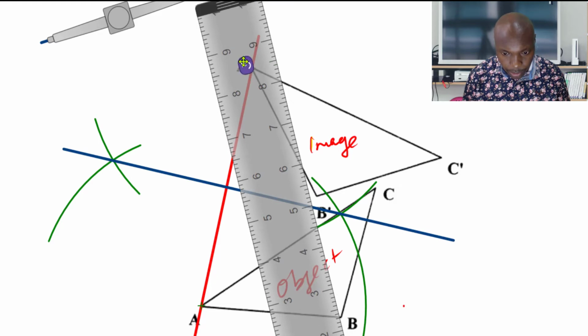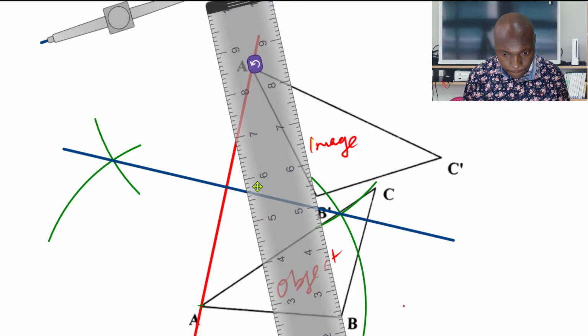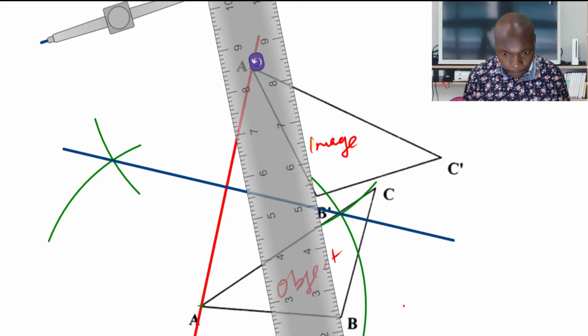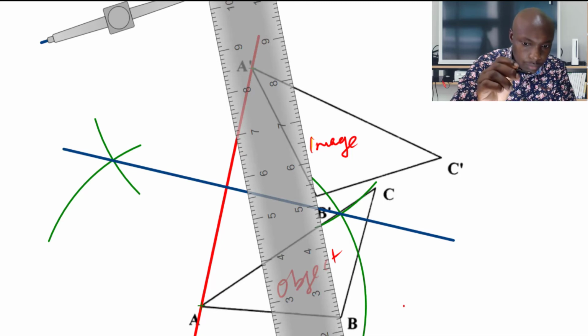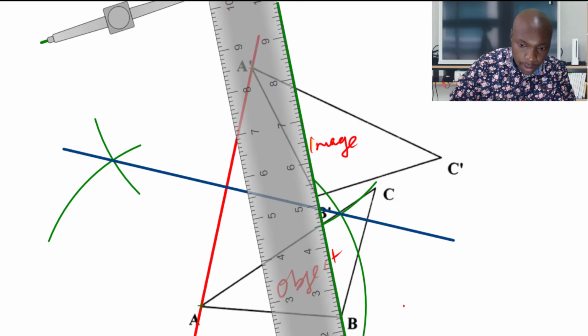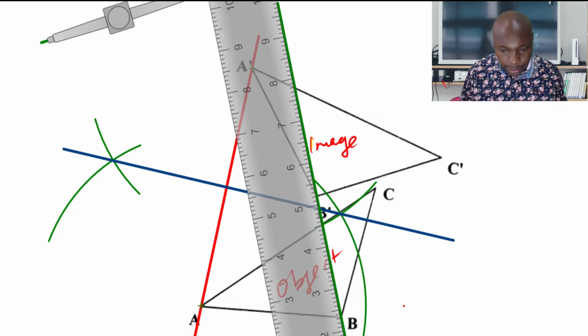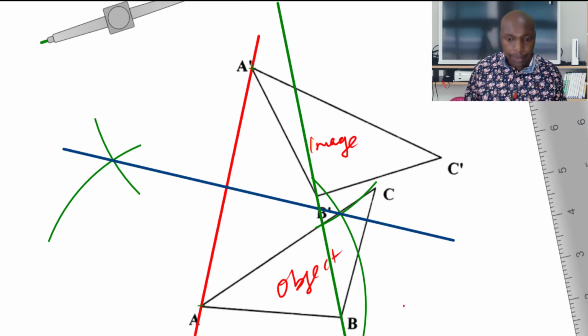That is point B. Yes, there it is. I have just extended the line B and B prime.